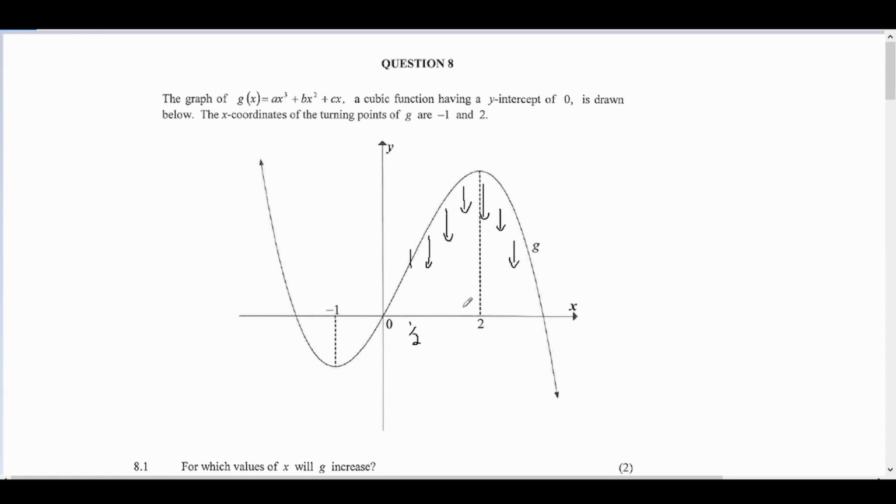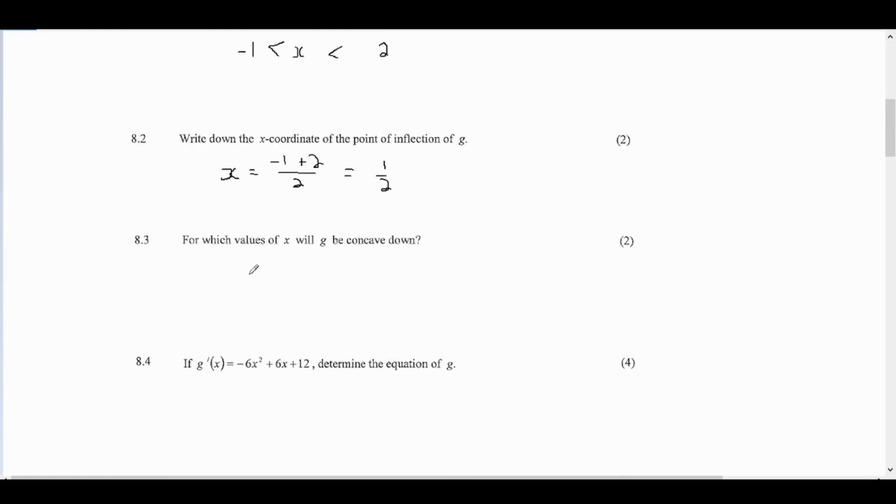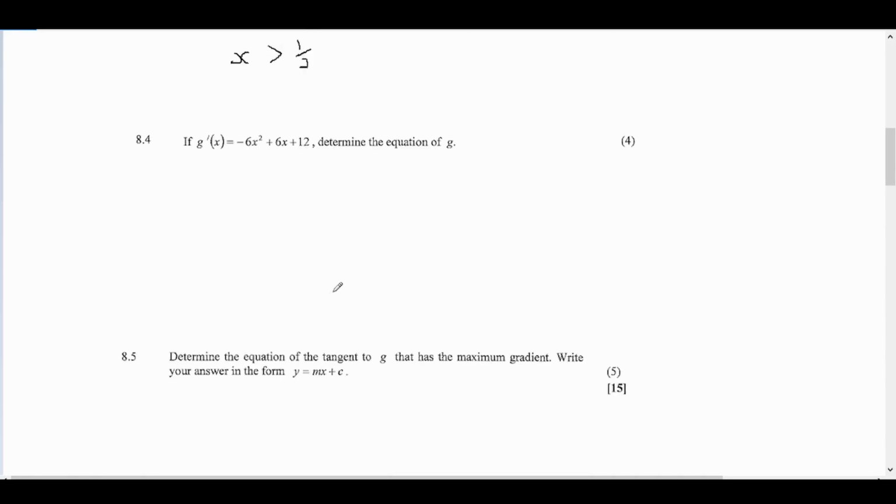So we're looking at this concave down, and this is true from our point of inflection, which is half, all the way to negative infinity. So our answer is simply where x is greater than a half, or our point of inflection. Yeah, it's pretty quick and easy.